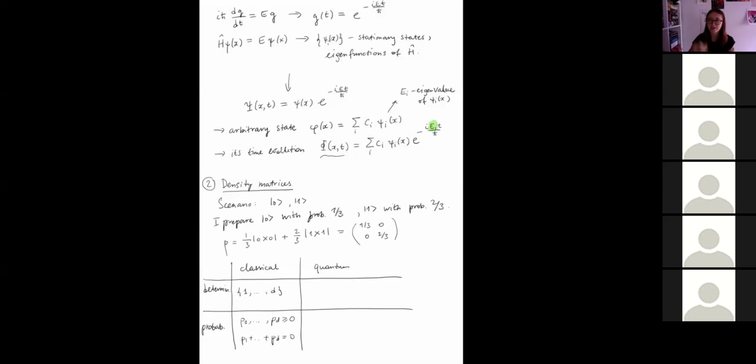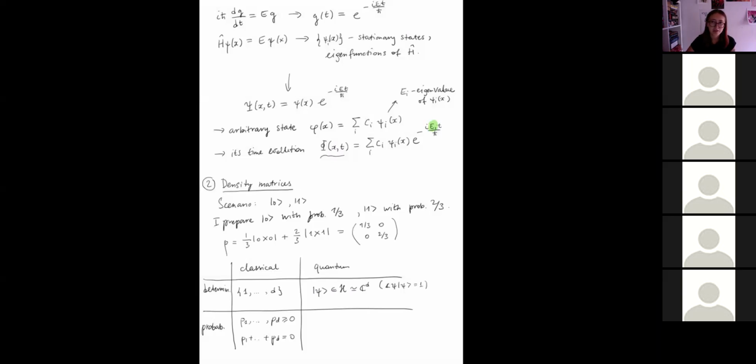And essentially, density matrices allow us to make the same leap from a deterministic to a probabilistic description in quantum mechanics. What we mean by a deterministic description in quantum mechanics is that we just have an array of states in the Hilbert space, which is just the d-dimensional space, such that the states are normalized.